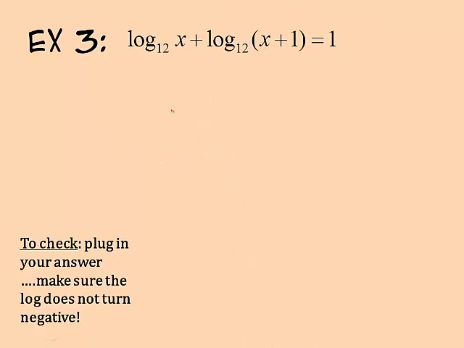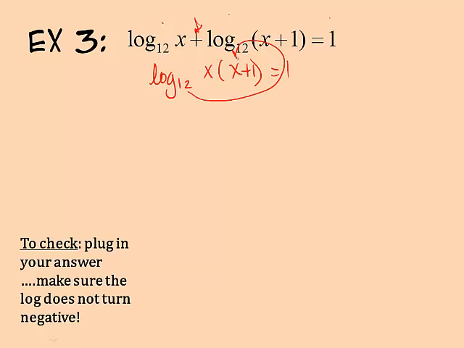With this one, 3 terms again, 1, 2, 3. We need to condense. This time it's a plus sign, so hopefully you remember that that means a product rule. So let's do this. So I have the log base 12 of x times x plus 1 equals 1.